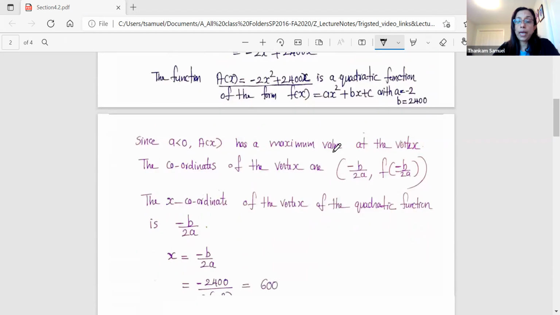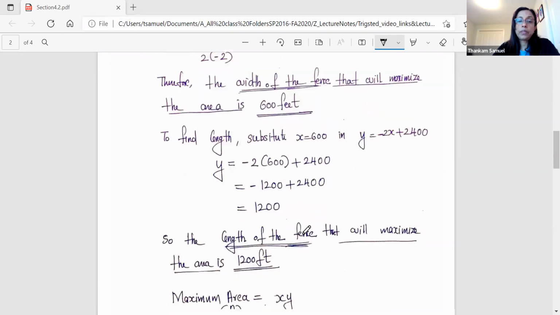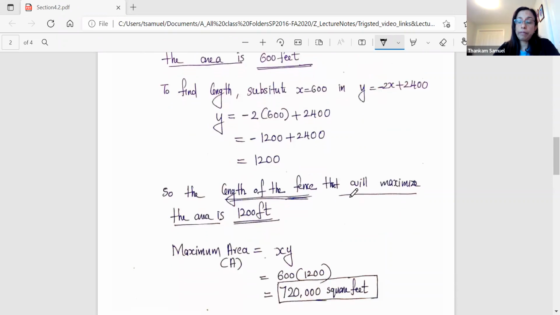So we can use that equation to find the value of y. Substitute the value of x: y equals -2 times 600 plus 2,400, that is minus 1,200 plus 2,400, that is 1,200. So the length of the fence that will maximize the area is 1,200 feet.